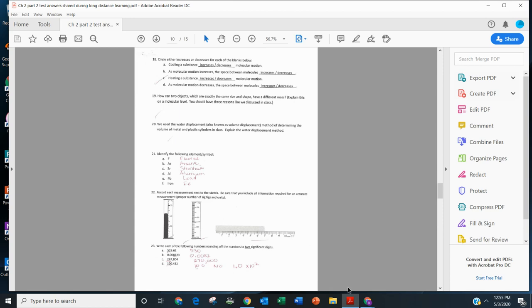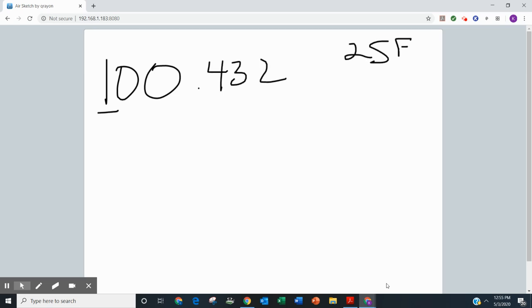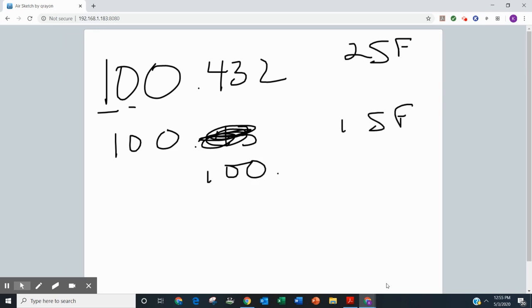If I take D for this one, you were supposed to find it to 2 sig figs. So if I take the number and 2 sig figs, 100.432, sorry, 100, that has 1 sig fig. And if I add a decimal point at the end, that has 3 sig figs. There is no way to take that number and have it have 2 sig figs.